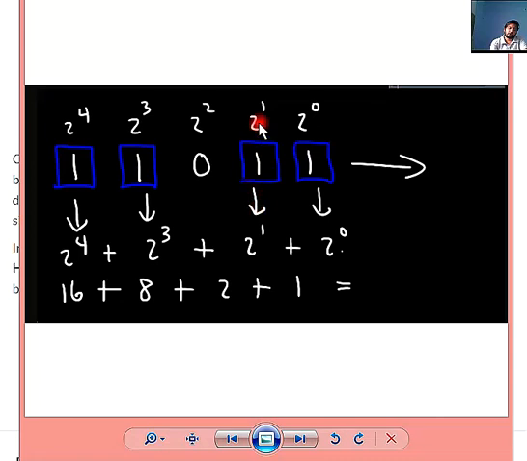Then 2 to the power 1 is 2, and 2 to the power 3 is 8, and 2 to the power 4 is 16. Now 16 plus 8 is 24, plus 2 is 26, plus 1 is 27. Now we will discuss the next number.